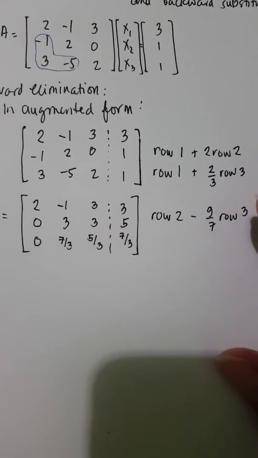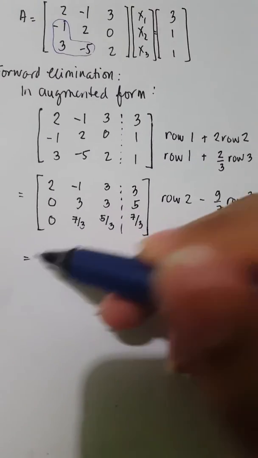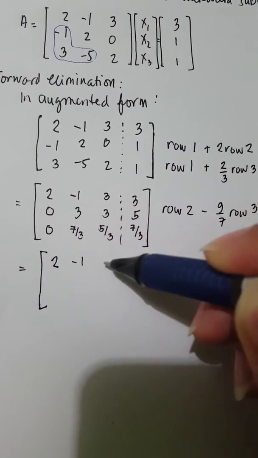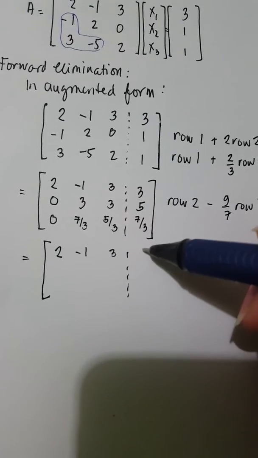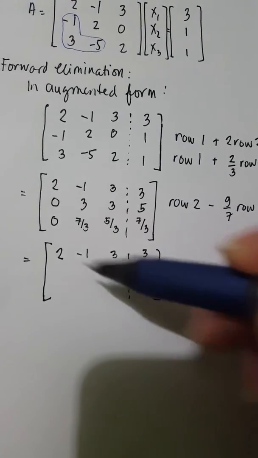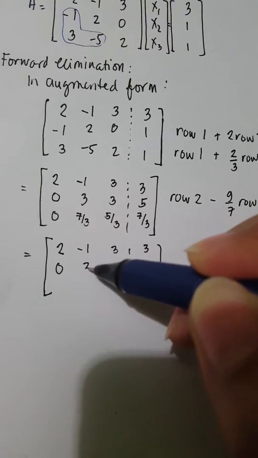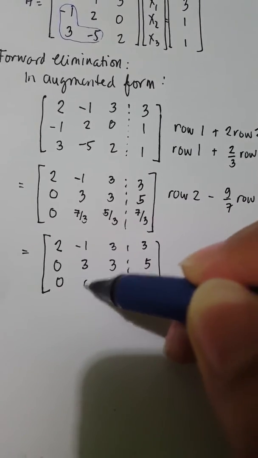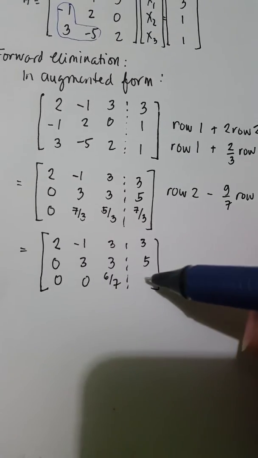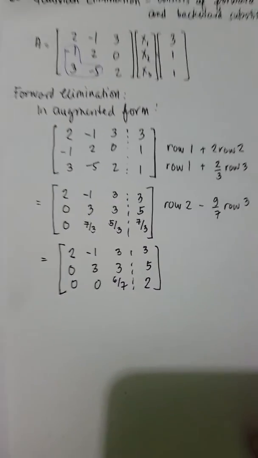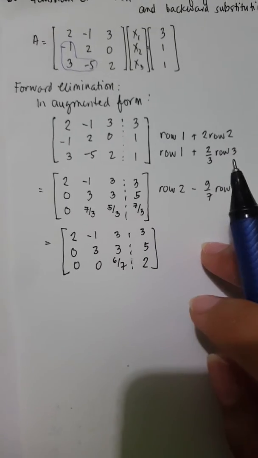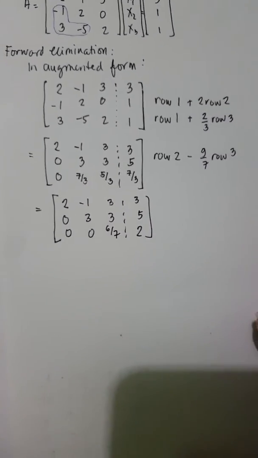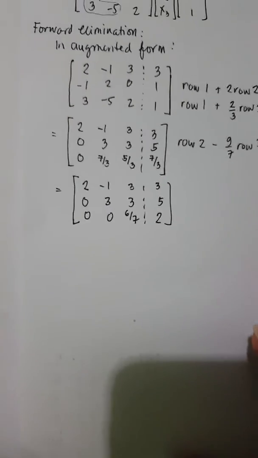So, by computation, we can arrive to 2, -1, 3. We have 3. Then we have 0, 3, 3, and 5. We have 0, 0, 6/7, and 2. Ayan. So, yan yung forward elimination. Na-eliminate natin yung 2 terms doon sa dalawang equations.